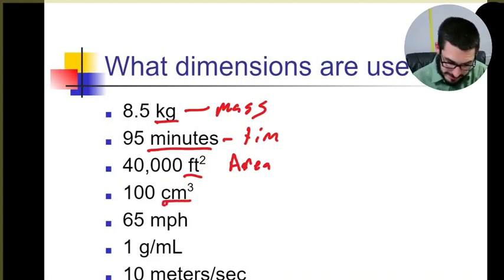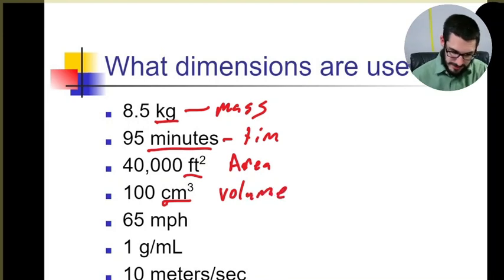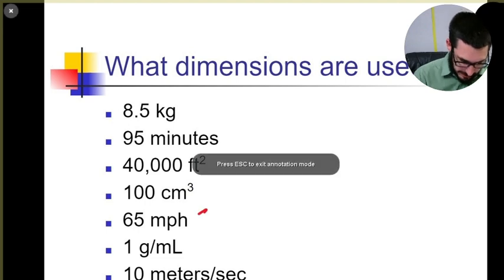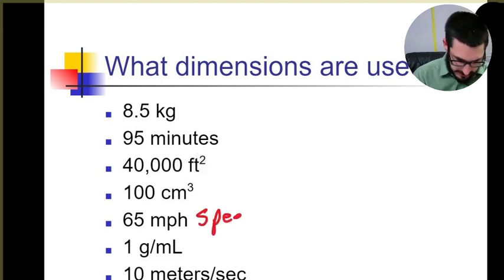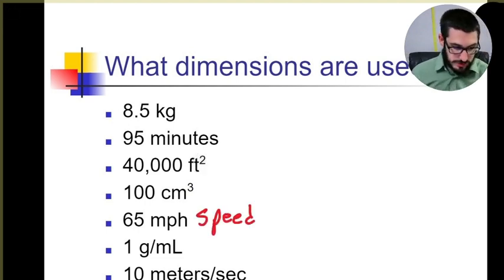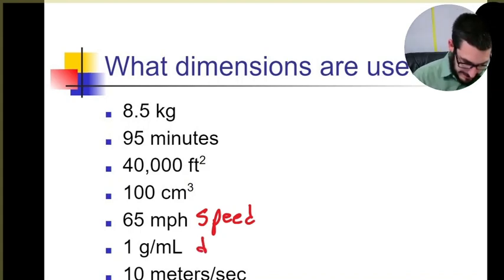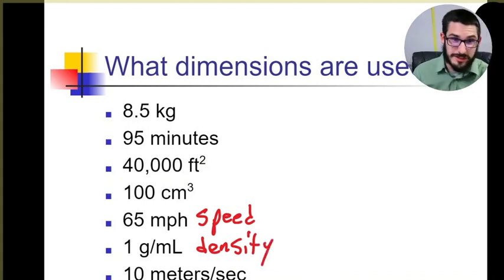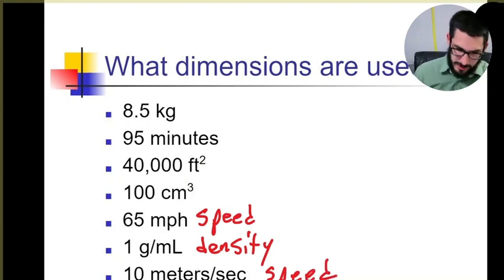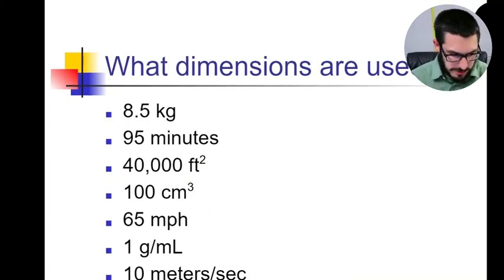Centimeters cubed is going to be a volume because it's three-dimensional. MPH is miles per hour, which is speed. And g per mL is grams per milliliter, so that's going to be a density, which is a derived unit. Meters per second is speed. Okay? Make notes of any that you have questions about or that you're unsure of.